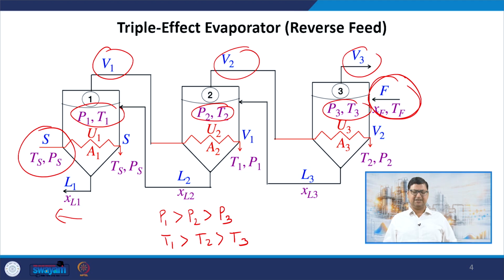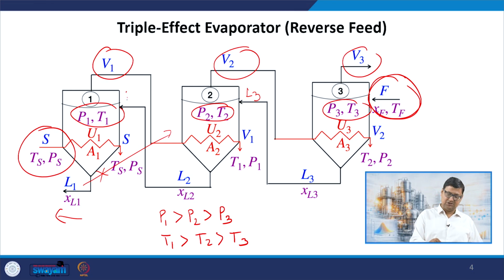What has changed is that earlier, in the forward feed case, the liquid product of the first effect went to the second effect, but I am not doing that now. Now, the liquid product of the third effect enters the second effect. So L3 comes here, and the liquid product of the second effect enters the first effect. So L2 comes here and L1 comes there. It is some kind of countercurrent operation.